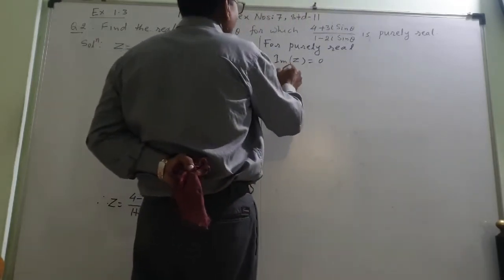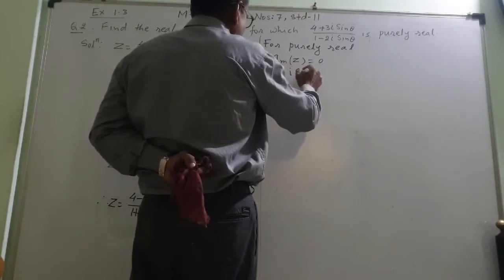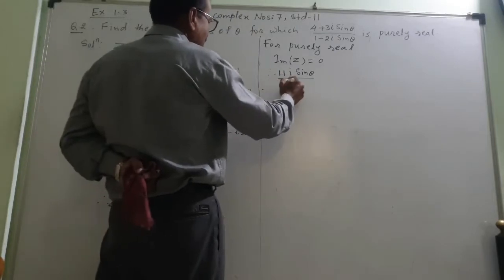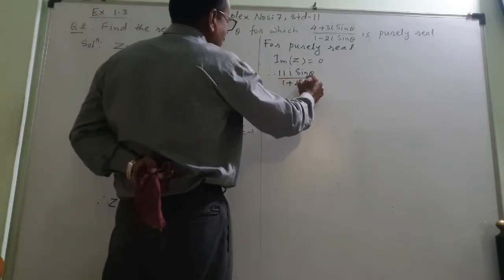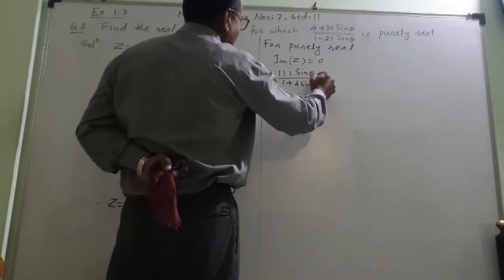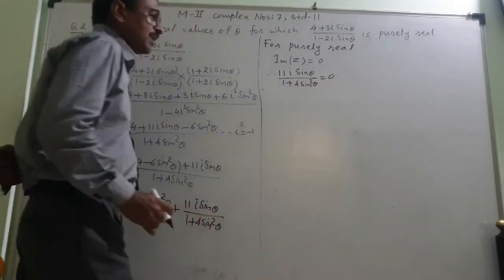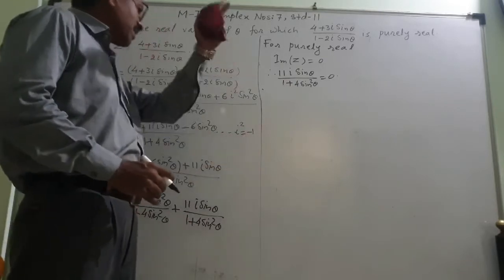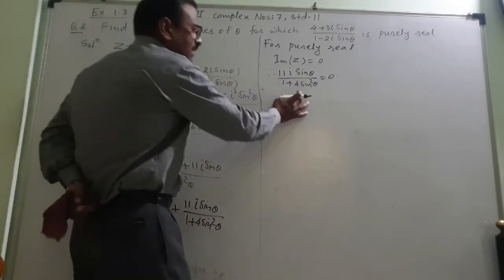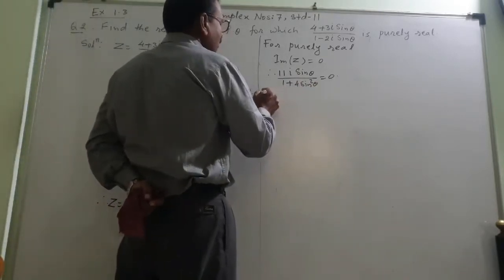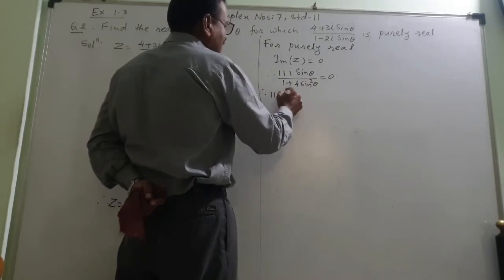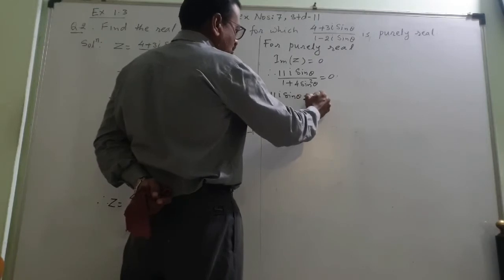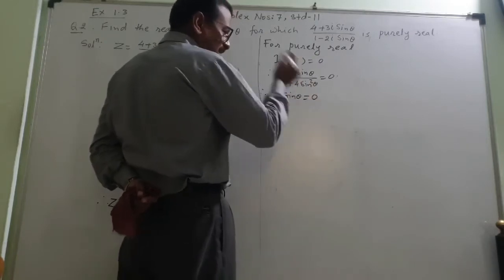Therefore, 11 sin theta upon 1 plus 4 sin square theta is equal to 0. Now this is divided, over that side it will become multiplied. Therefore, 11 sin theta is equal to 0 into 1 plus 4 sin square theta, which will become 0.